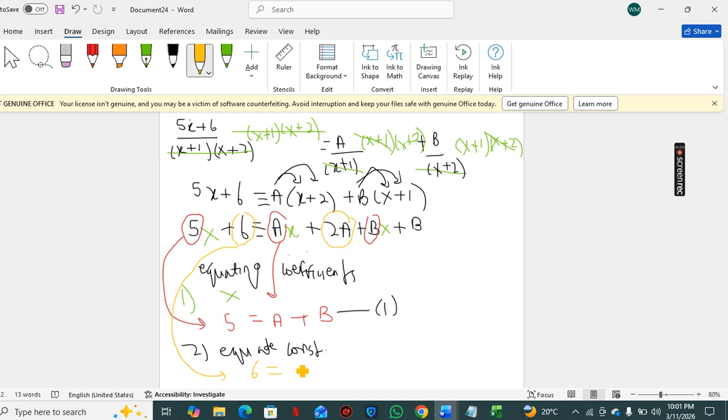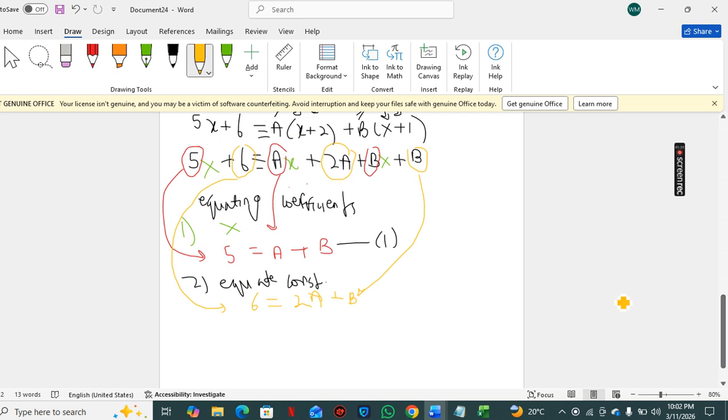So 6 equals 2A plus B doesn't have an x, so you're going to put here as B. This is 2A plus B. Okay, colleagues, are we okay with this?